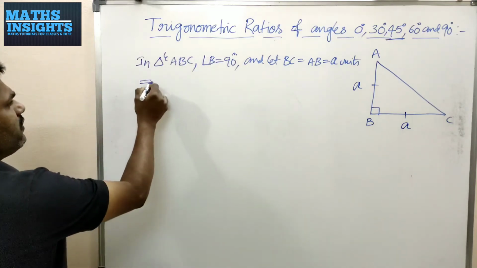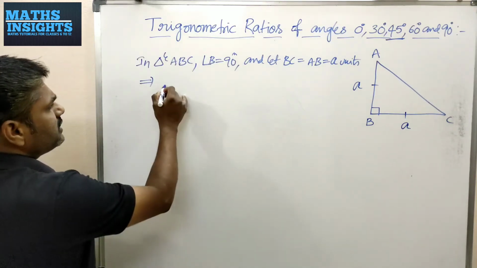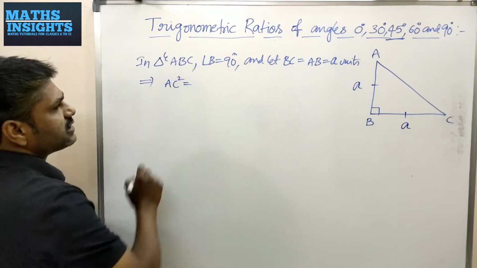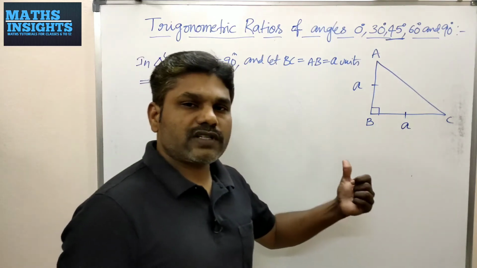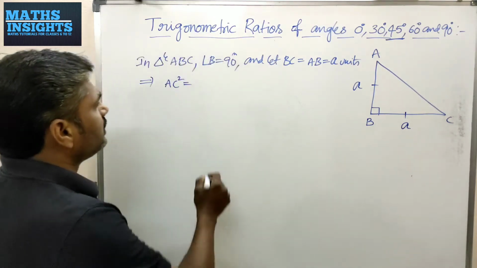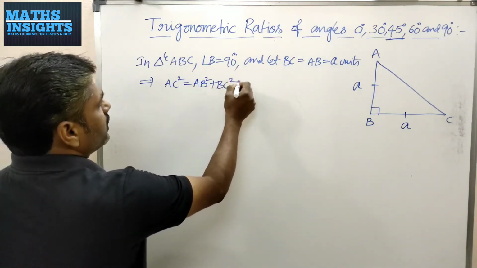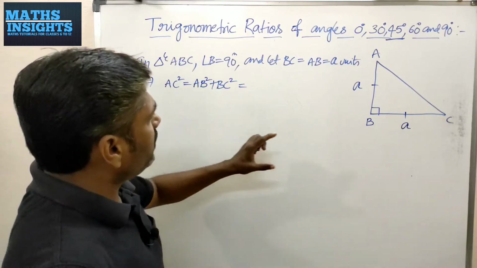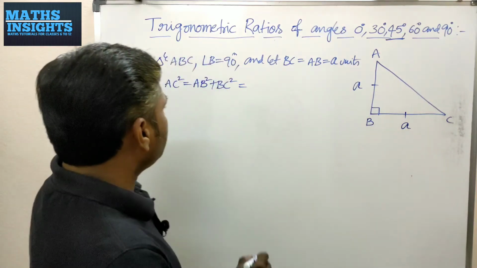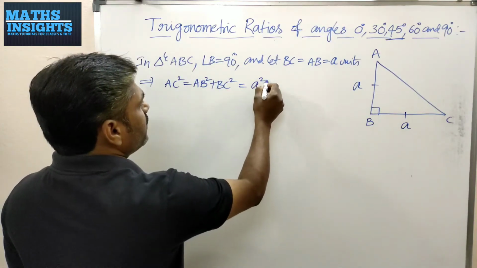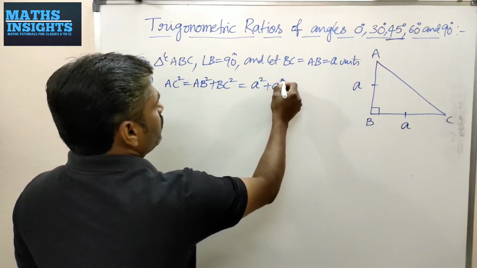Now I will apply the Pythagoras theorem. That means the square of the hypotenuse is equal to the sum of squares of the remaining two sides. Therefore AC square is equal to AB square plus BC square. AB value we assumed as A units, therefore it will become A square, again A square.